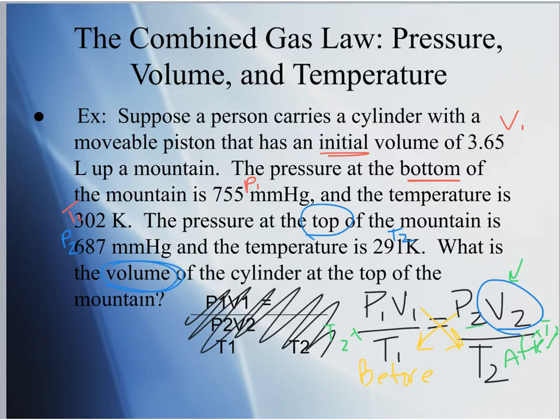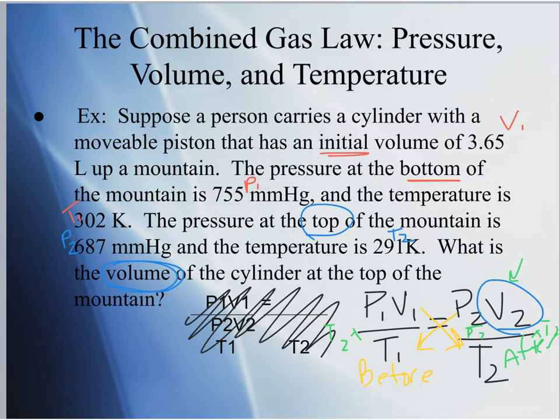And then you would divide by P2 on both sides to get V2 by itself. Either one works, okay? So if you understand cross multiplying and solving for the variable, do it. If you need to do it algebraically by just isolating V2, dividing and multiplying both sides by the different variables in order to get V2 by itself, that works just fine too. Okay, you'll get the same answer either way.